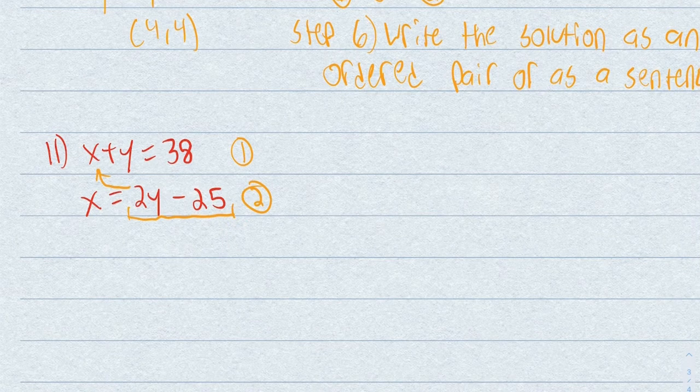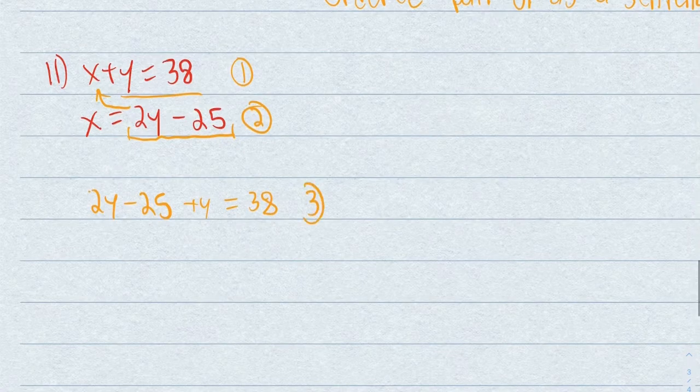So we're going to write 2y minus 25. And then we write the rest of this equation, plus y equals 38. That's equation number 3. Equation number 3 comes from whenever you substitute one of your equations into the other one. That makes equation 3.